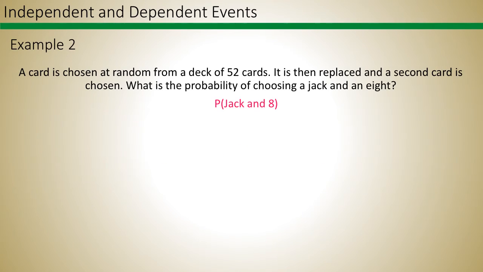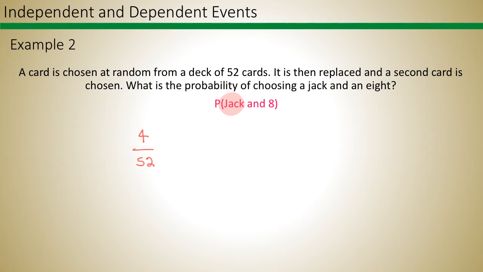Here's another one. A card is chosen randomly from a deck of 52 cards. It is then replaced and a second card is chosen. What's the probability of choosing a jack and an 8, okay? So there are 4 jacks in a deck of playing cards if you're not familiar with that. So my probability of getting a jack would be 4 out of 52, okay?